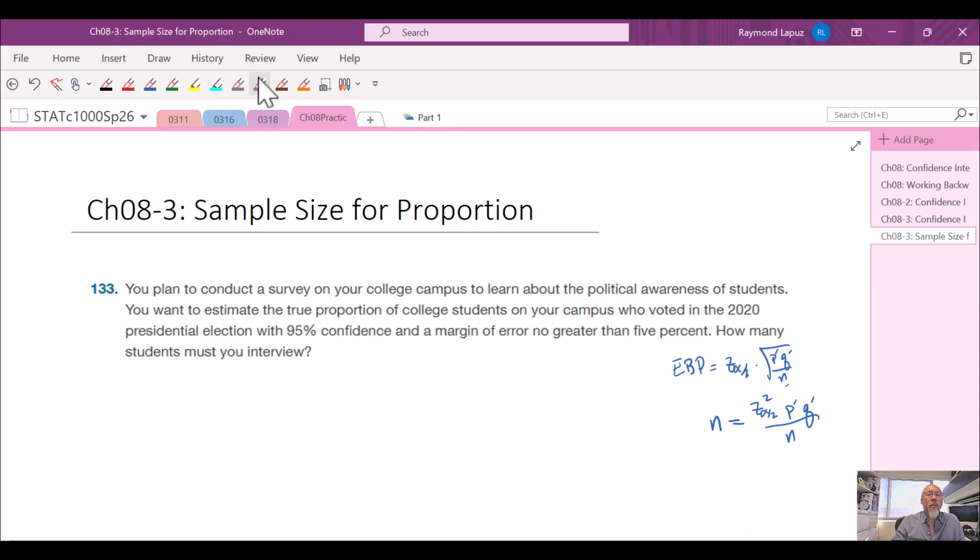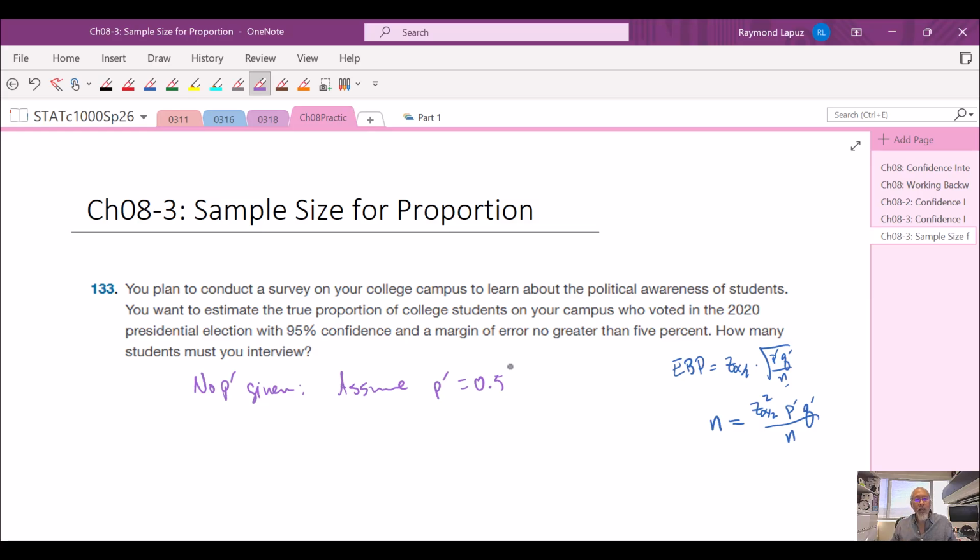So we're going to make a note that there's no p prime given, so we're going to assume that p prime is going to be 0.5. 0.5 generates the largest possible p prime times q prime combination, which, if you have no information, you want to be your marker for p prime.